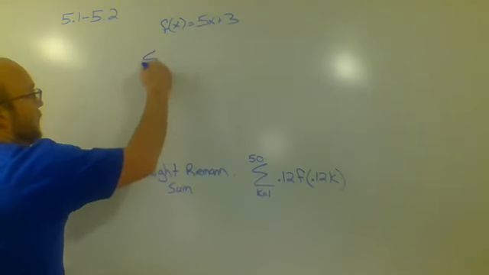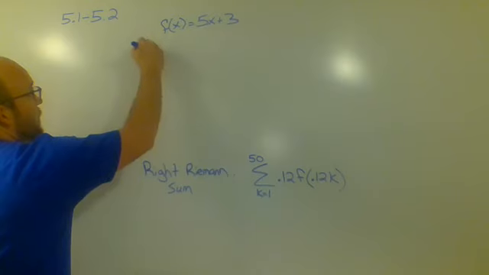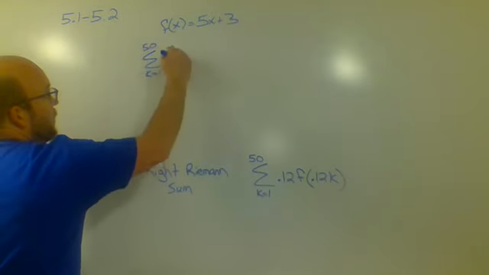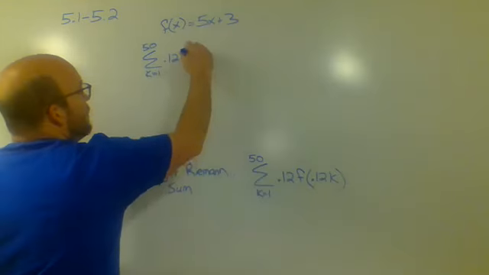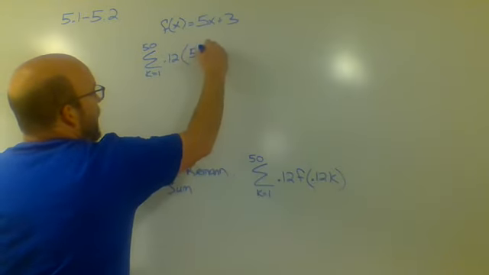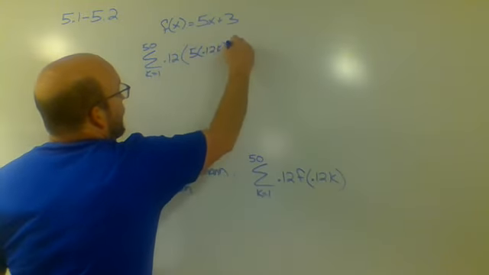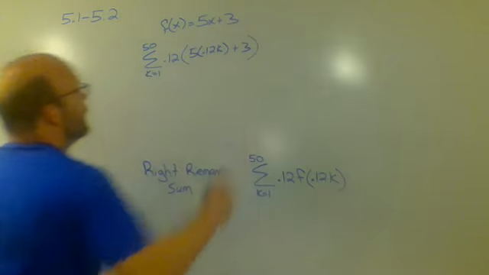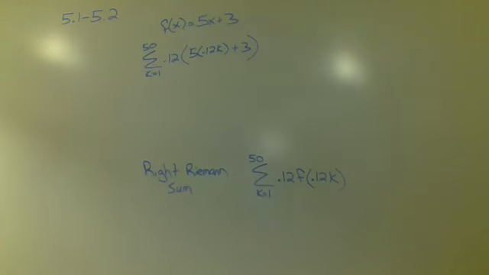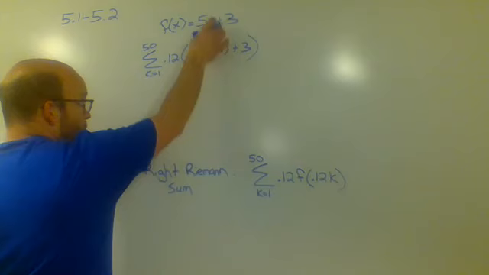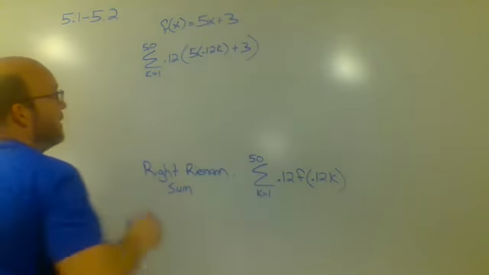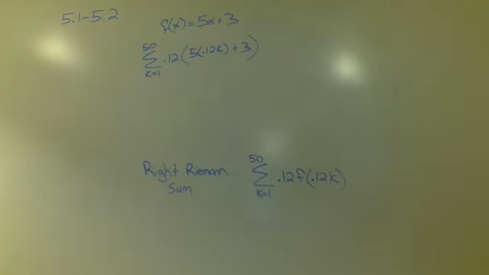So let's not mess with anything else for now. We just have the sum from k equals 1 to 50 of 0.12. And if you evaluate the function at 0.12k, you're just taking 0.12k and plugging it into x. Okay, so all we did here was plug the 0.12k into f to have an actual expression there.